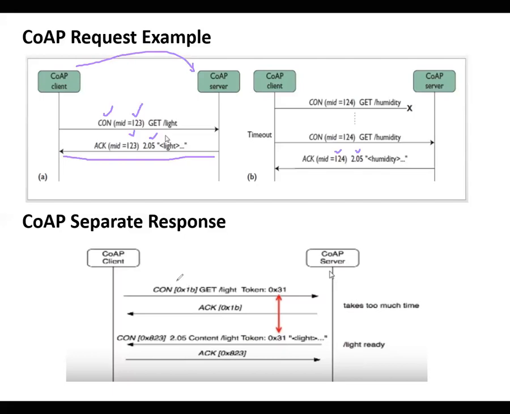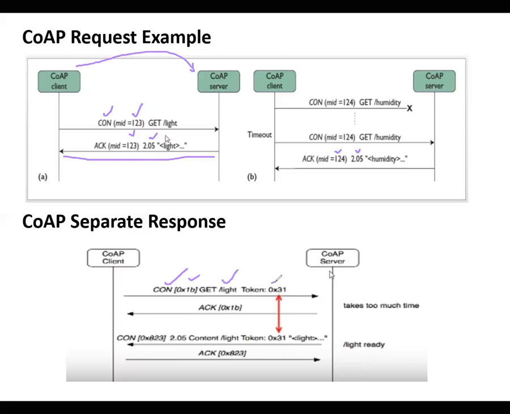In this scenario, you can see the client sends a message. The message type is confirmable, meaning the server should acknowledge that. The message ID is hexadecimal 1B. Get light, and it is asking about a light value.